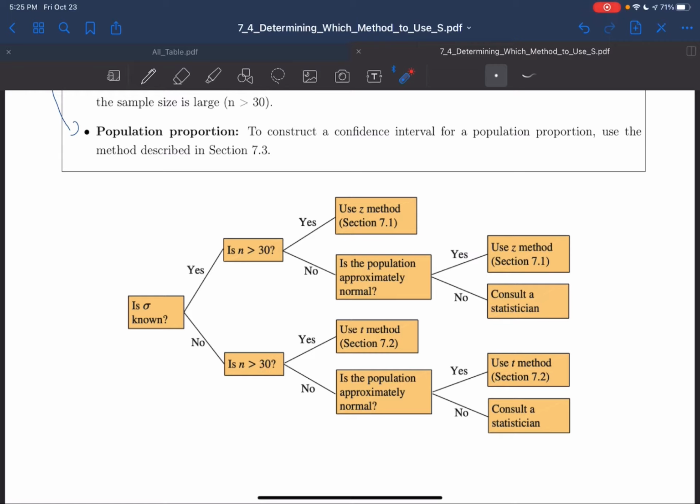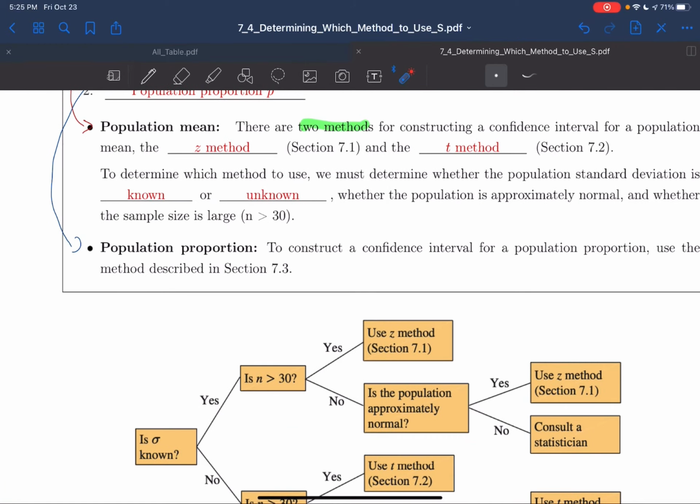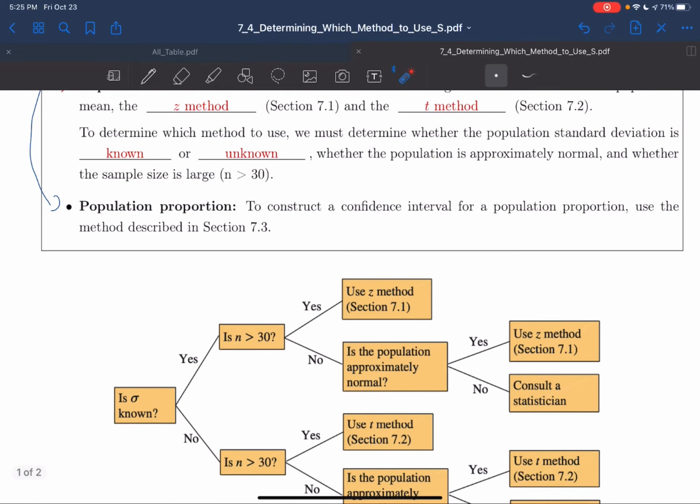Then you ask yourself, is the population approximately normal? If it is, then use the T method. If it's not, then again, you have to talk to a statistician. And the proportion case is easy to identify, since somewhere in the question it's going to say proportion. That tells you to use a method from 7.3.